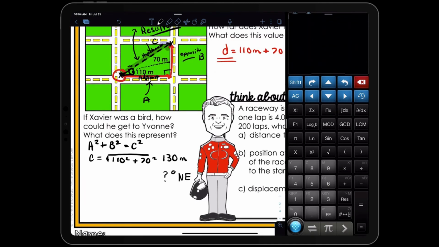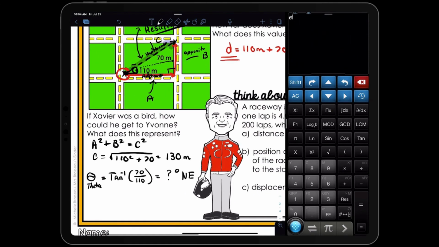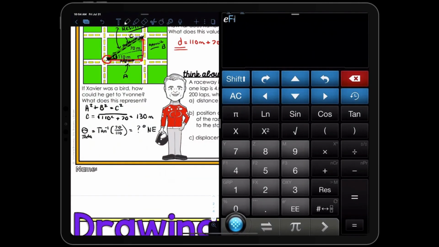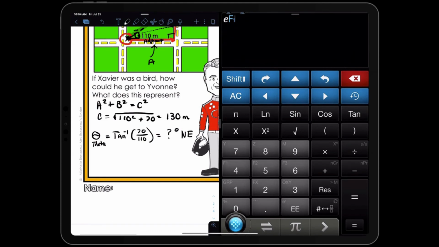What we're going to have is our angle, theta here, equals the inverse tangent of our opposite side, which was 70, over my adjacent side, 110. So let's see what angle this actually comes out to be. In your calculator, you're going to do quite a bit of this coming up.